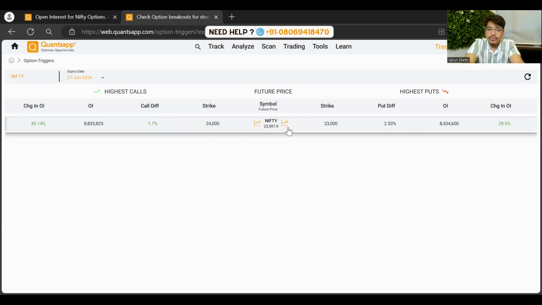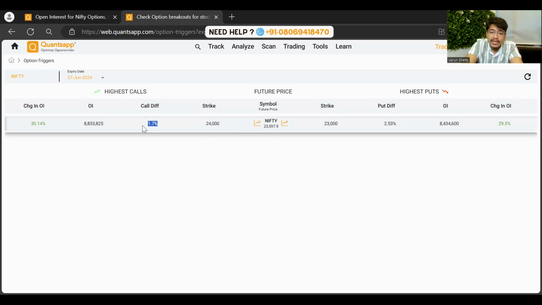For example, the current price of Nifty is 23,597. The heaviest call strike is at 24,000. So Nifty still needs to go up around 400 points to get close to this strike. How far is it?